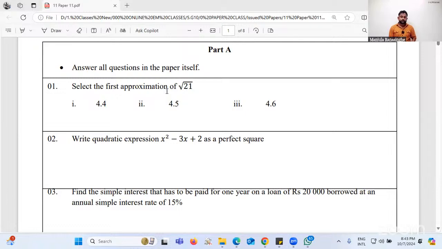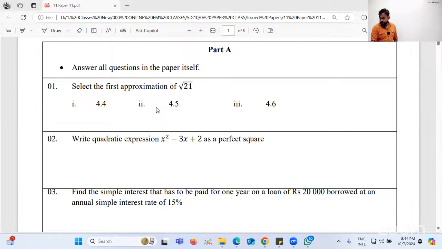From paper 1 onwards, we saw a lot of questions given on first approximation. So don't make the same mistakes again and again. That is not learning. If you get incorrect answers the first time, later on you have to improve. Now we will move to the first question.